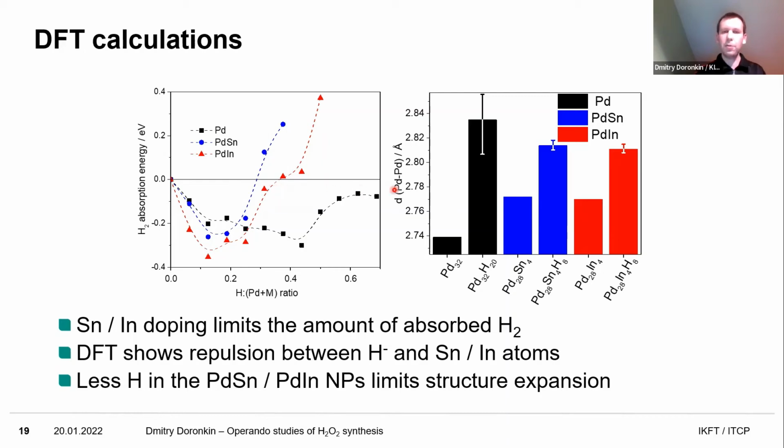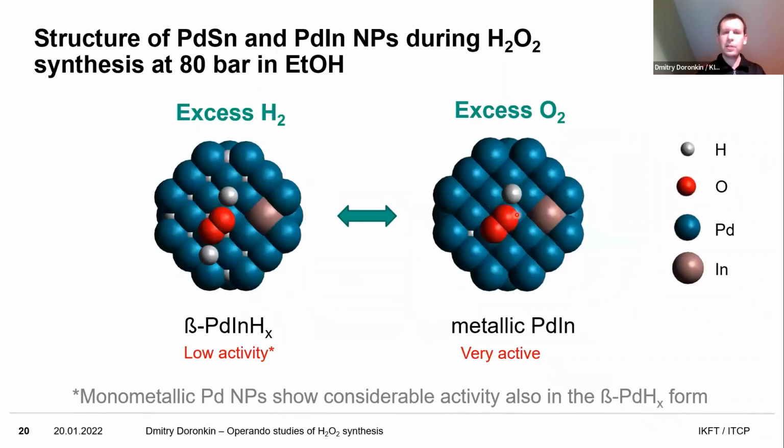And for those structures, we also calculated interatomic distances, so it fits quite well. And with those calculations, we could also confirm the structural data. For the excess hydrogen, we have beta hydrides, be it monometallic palladium hydride or palladium indium hydride, with one exception: for the bimetallics, we are not getting hydride ions in the interstitial sites between indium and palladium.